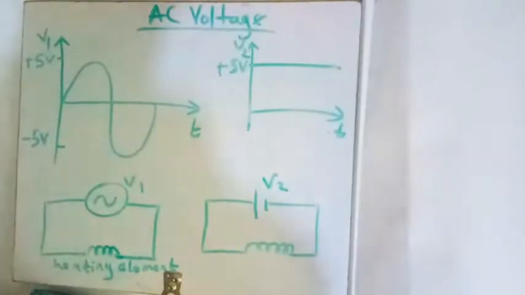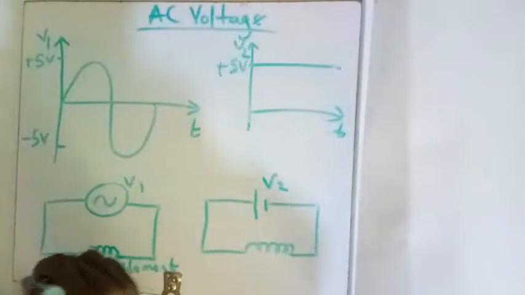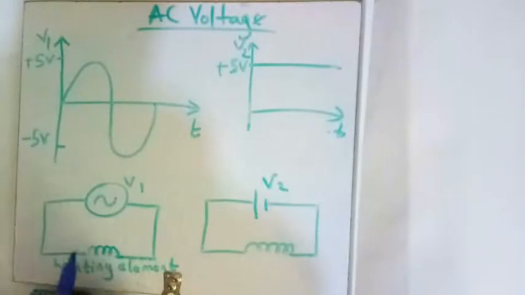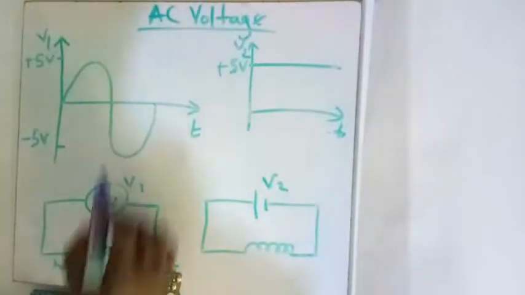Temperature is not a digital value. It doesn't vary that sharply. It's more gradual. It varies in magnitude gradually. So you won't actually notice the variation in the temperature with AC.